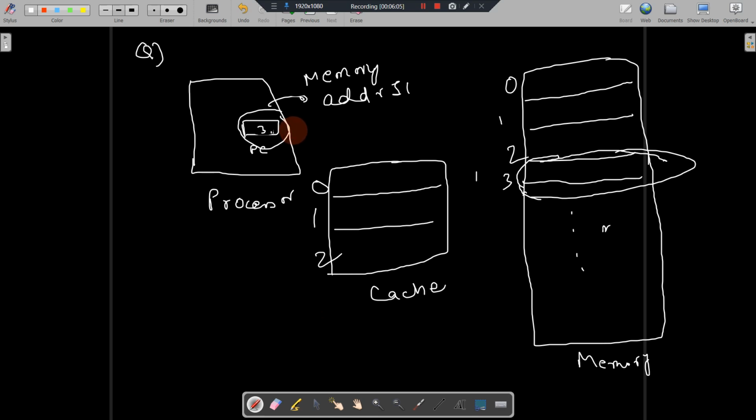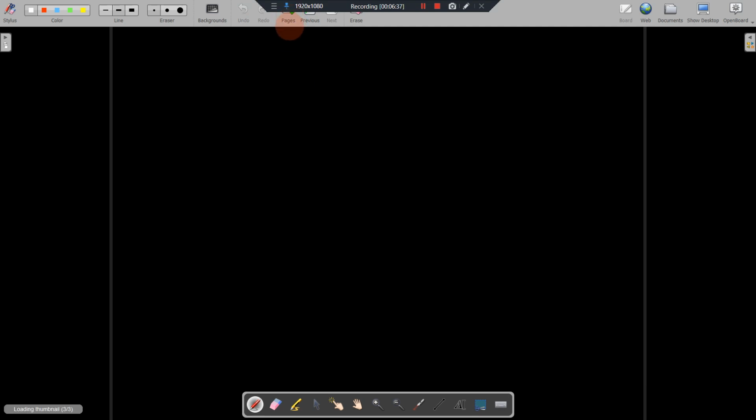Using this main memory address, how do I know where to look in the cache memory, whether main memory address 3 is present or not? We have to find a pattern in this address 3 to translate it to a cache memory location. How will this be mapped?